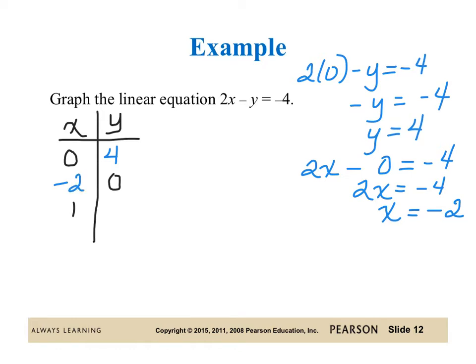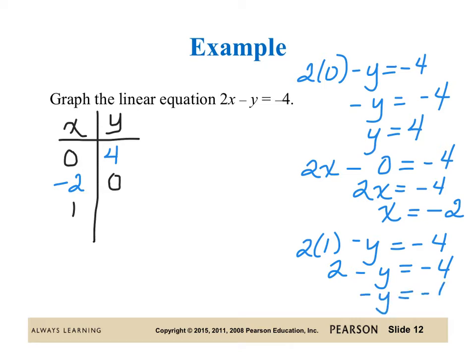And then last, we'll choose x to be 1. And 2 times 1 is 2, minus y equals -4. If we subtract 2 from both sides, then we have -y equals -6.